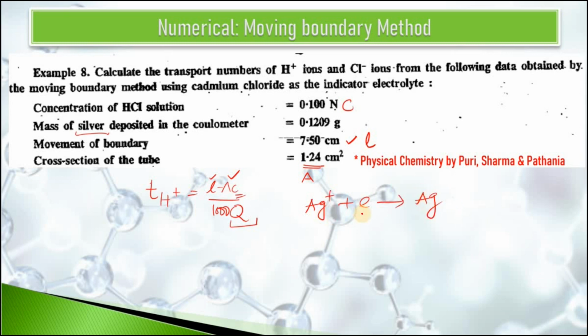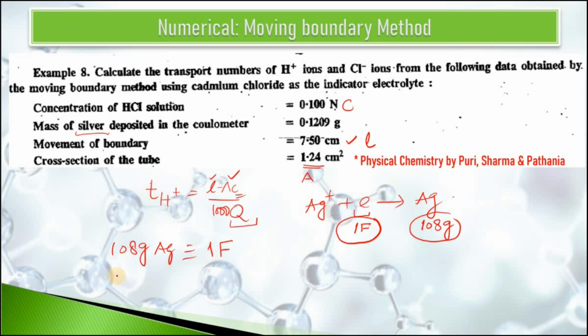Look carefully at this equation. Here, if we measure it in terms of moles, 1 mole of electrons means 1 Faraday of electricity, and 1 mole of silver means 108 grams of silver. That means when 1 Faraday of electricity passes through a silver salt solution kept in the coulometer, it will deposit 108 grams of silver. So 108 grams of silver means 1 Faraday of electricity.